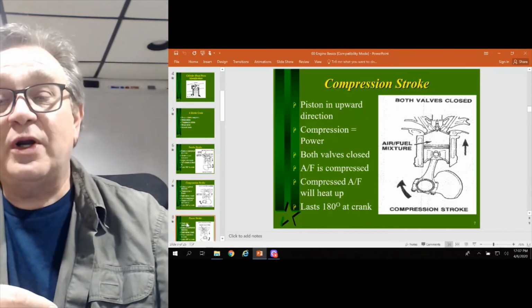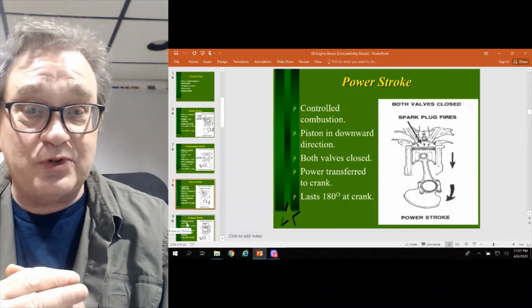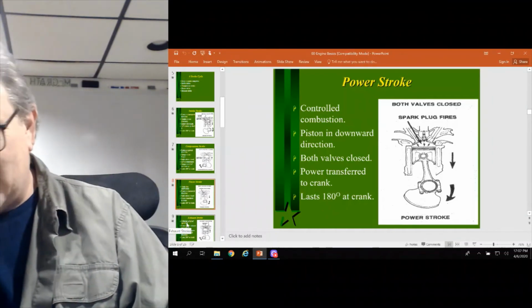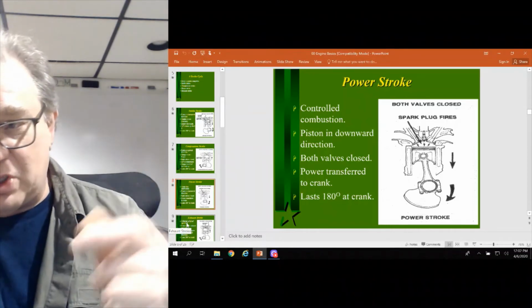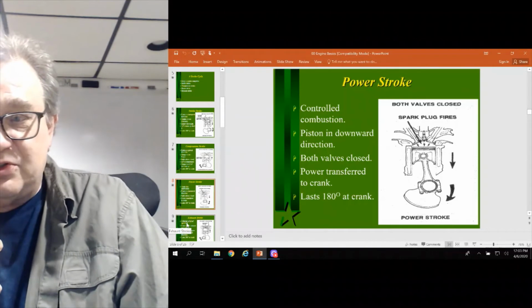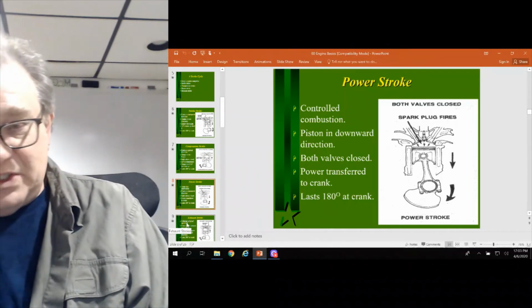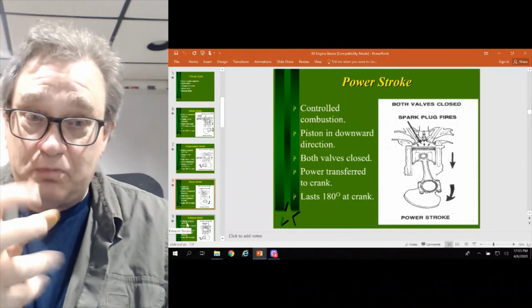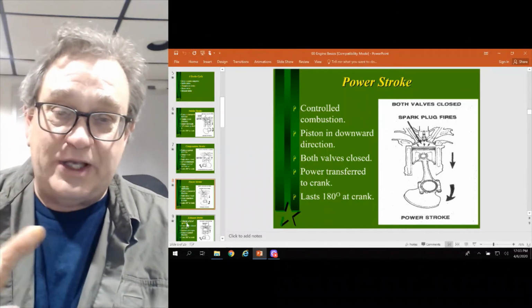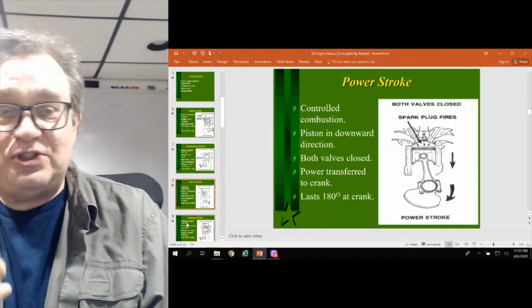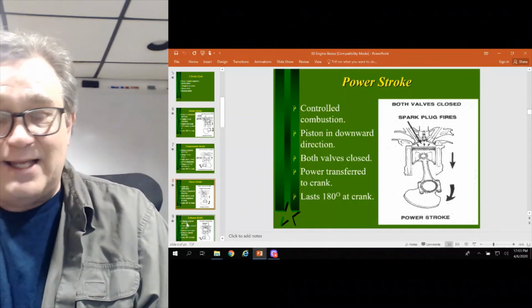Which brings us to our next one, the power stroke. Now, we light off the mixture with the spark plug, or the glow plug, or just compression ignition in terms of the diesel. But the air and fuel mixture in the cylinder gets lit off. Now, this combustion event can get very complicated.